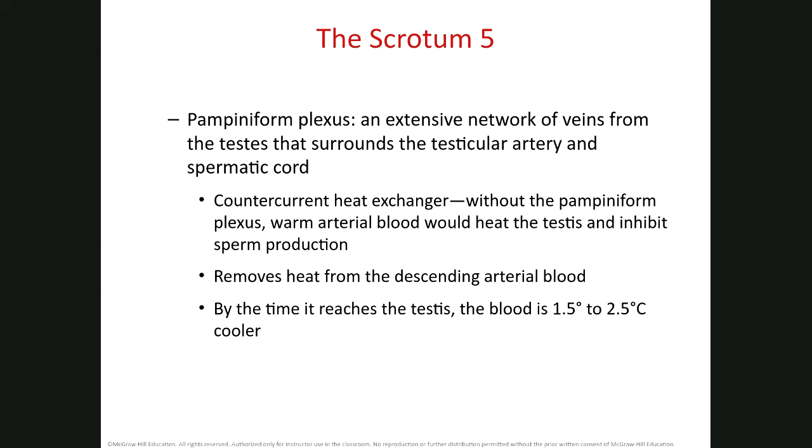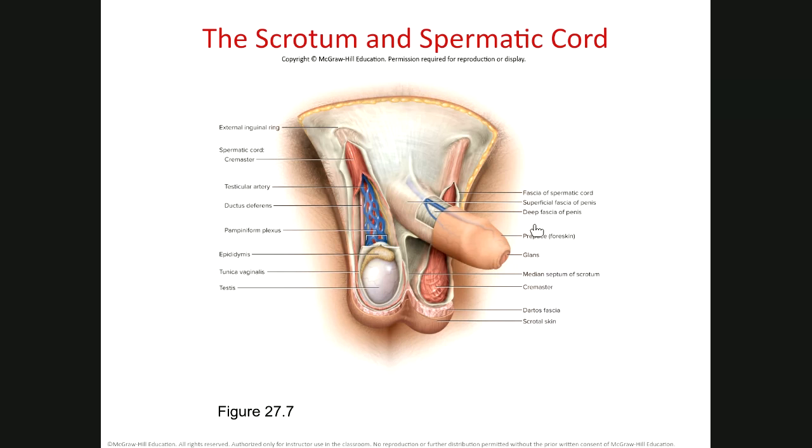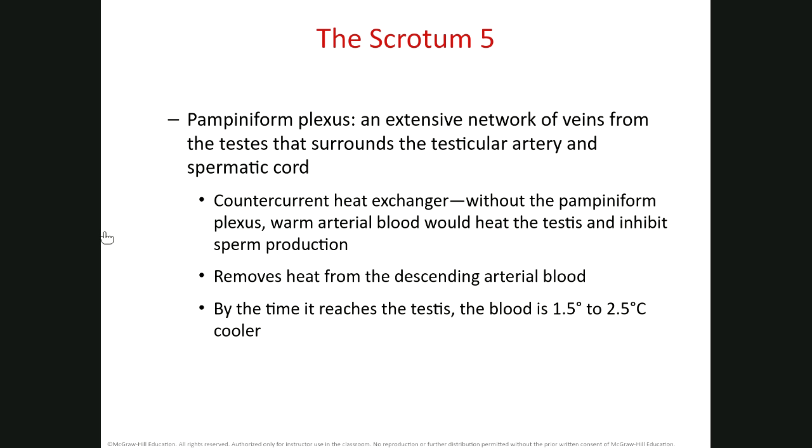The pampiniform plexus, like we identified here, also tries to maintain a good temperature. If it's too warm, it makes the blood cool off a little bit. If it's too cold, it will also shift it so that it will make the blood a little bit warmer.